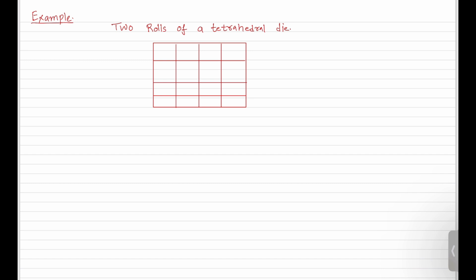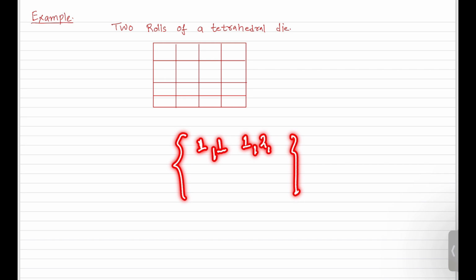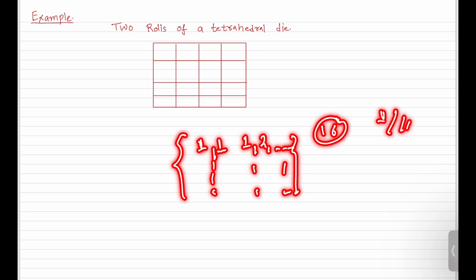So we have the sample space here for the experiment. What could be all the possible outcomes? On the first roll we could have 1, or on the second roll we could have 1. On the first roll we could have 1, on the second roll we could have 2, and so on. We will have a total of 16 possible outcomes, and we are also assuming that all these outcomes are equally likely, so each will have the probability 1 divided by 16.